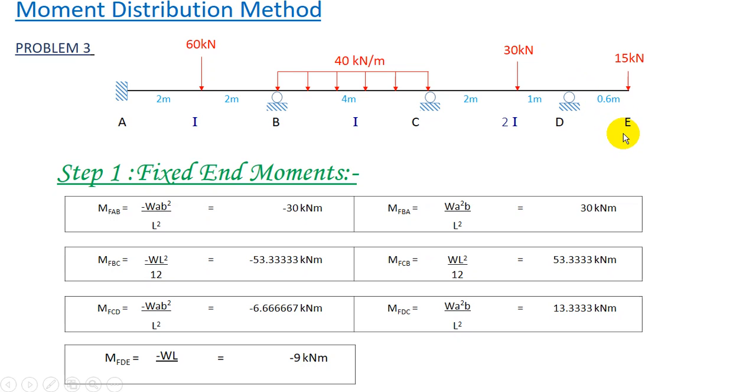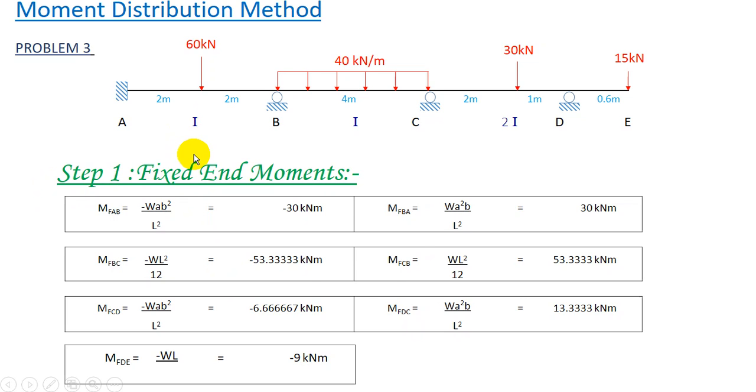There would be a hogging type of deflection. So to counteract this, the support has to provide an anti-clockwise moment of minus 9 kilonewton meter. So these are the fixed end moments, and step 1 is completed.